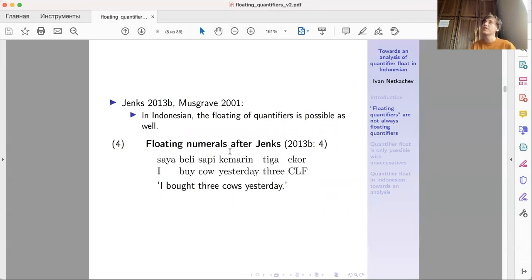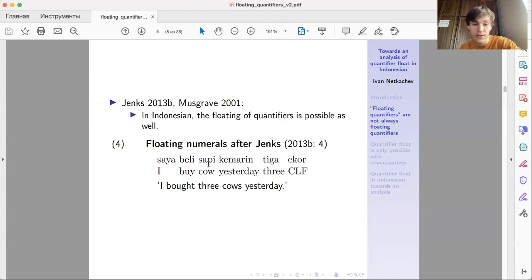Okay, so the question is whether there are floating quantifiers in Indonesian. Some authors claim that, yes, there are indeed floating quantifiers in Indonesian as well, and that they are possible with any predicates.